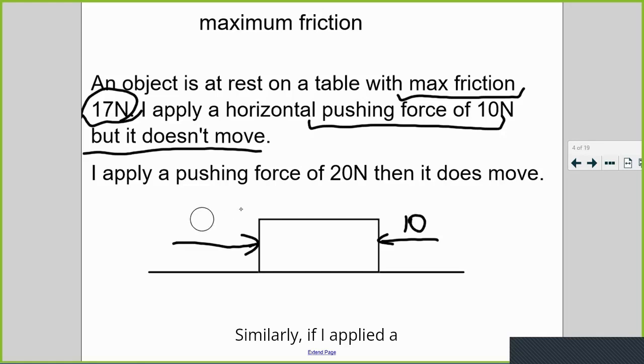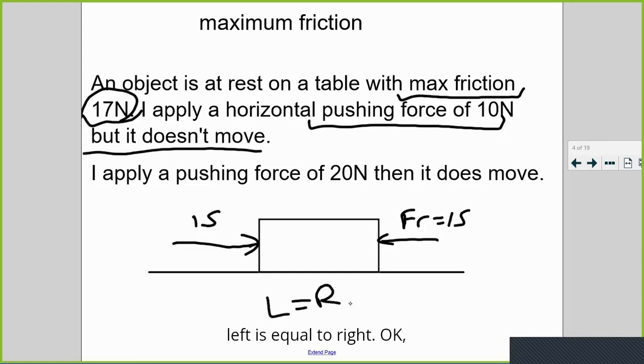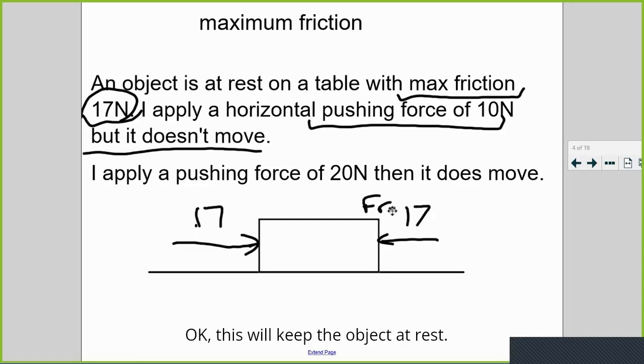Similarly, if I applied a 15 pushing force, there will be a friction of 15. Again, this would keep it at rest because left is equal to right. If I applied a push of 17, again, there will be a friction of 17. This will keep the object at rest.